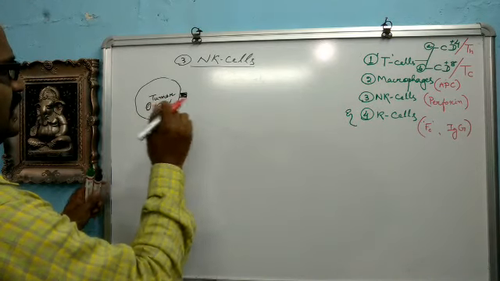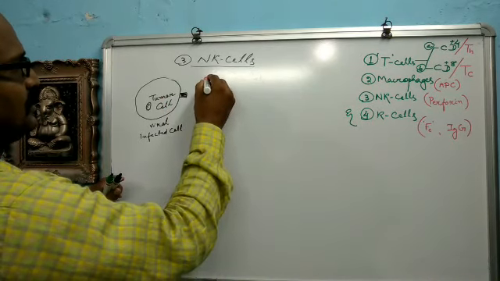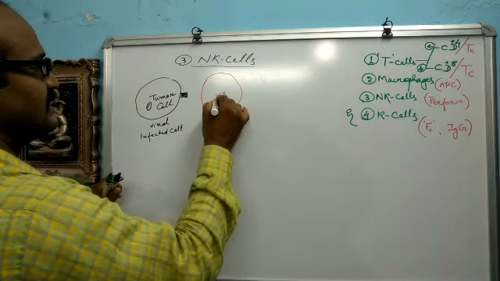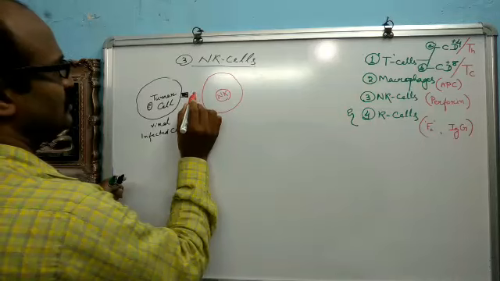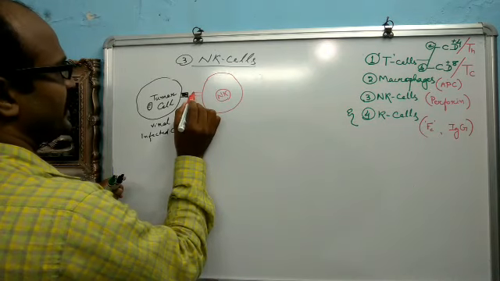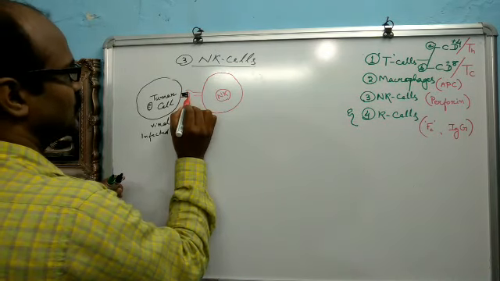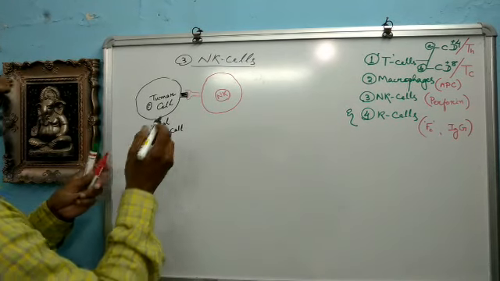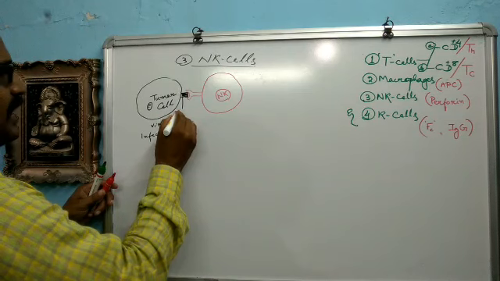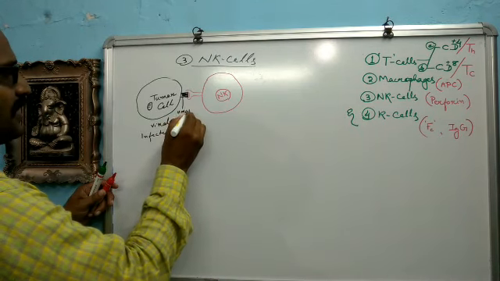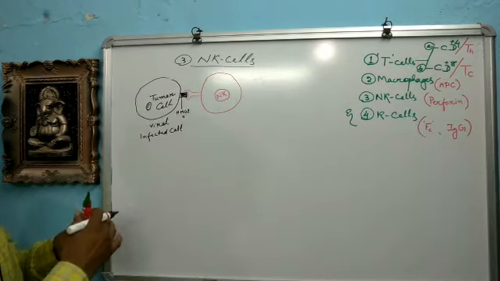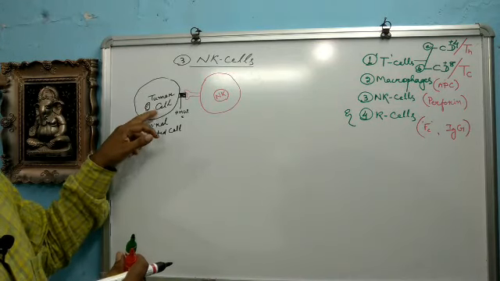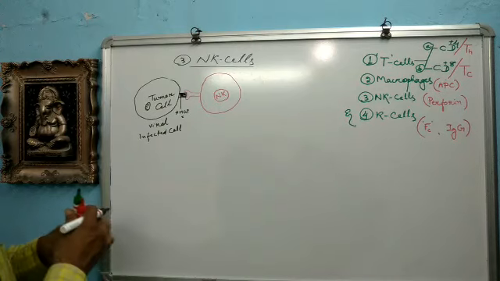Such a tumor cell is recognized by the NK cell because of the receptor of the NK cell, which binds with the high molecular weight glycoprotein present on the surface of the viral infected cell or the tumor cell. It is recognized.